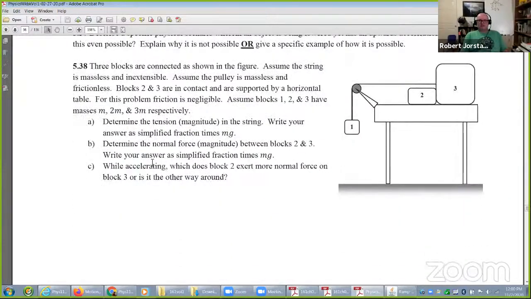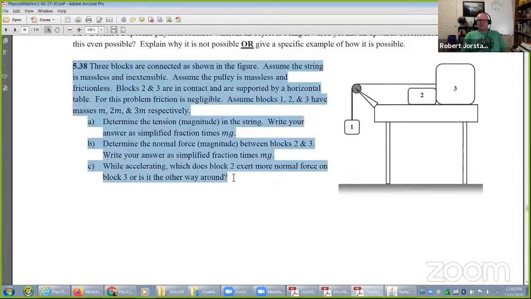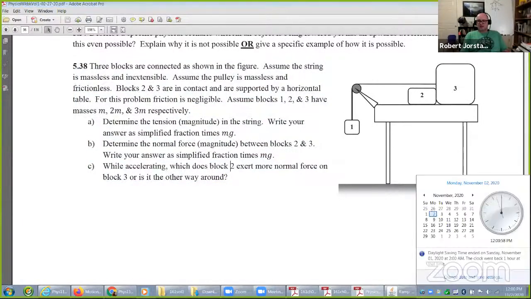And then let's maybe take a look at 5.38. So I'm going to give you a second to read this. I'll put the clock up. I'll give you till 12:02 to read this and kind of just get a feeling for it.